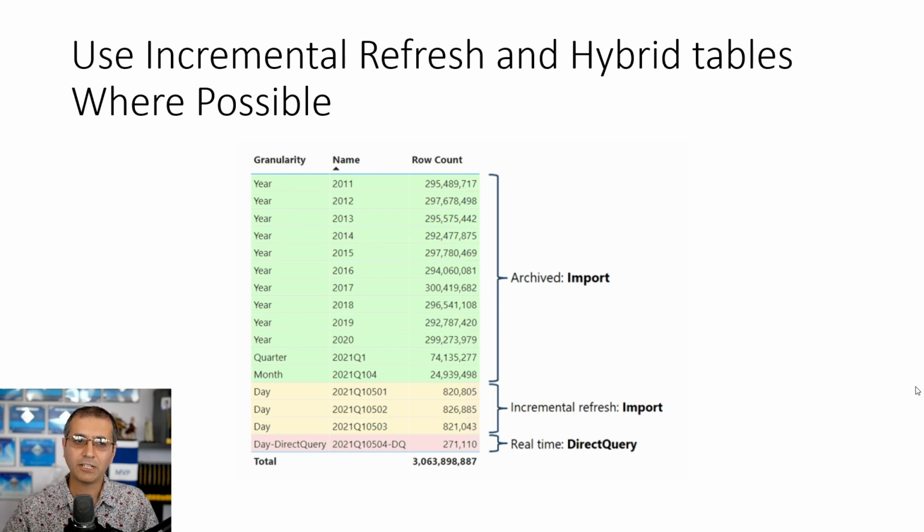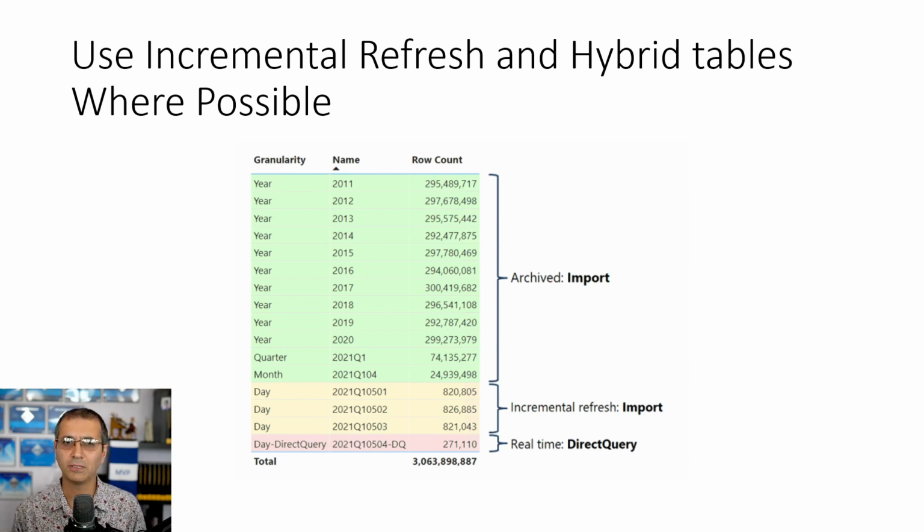In addition to aggregation, another thing you can do on tables with too many rows is incremental refresh. Incremental refresh means that you don't load the entire data every time in Power BI. Let's say you have a table with 20 years of data and it is over, let's say, billions of rows. Why do you need to reload the data of 20 years ago or 19 years ago or 18 years ago?